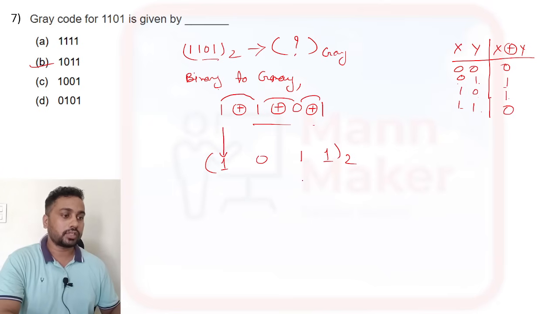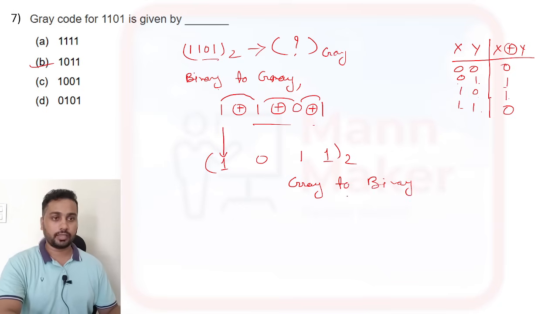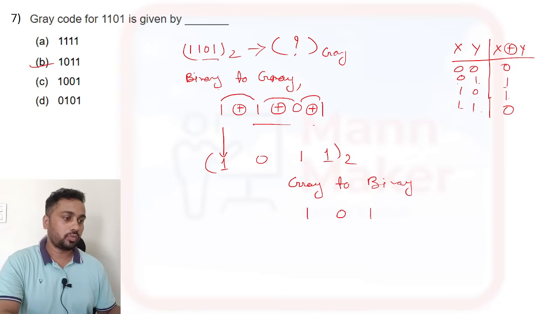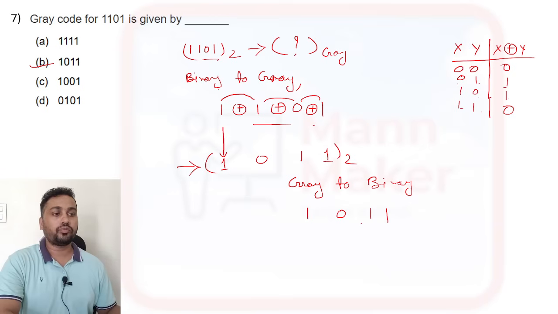Sometimes they will ask the question gray to binary. How do you convert from gray to binary? Suppose in the same question they give 1011 in gray. Now we need to find the binary, and it will come as 1101. The MSB you write as it is: 1. Now apply XOR between 1 and 0, which is 1.